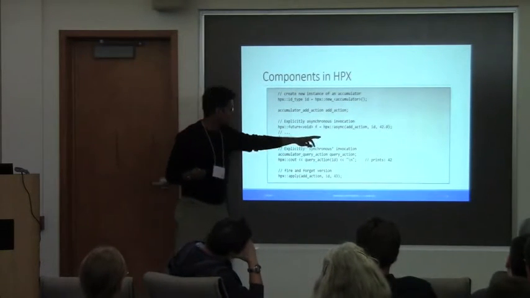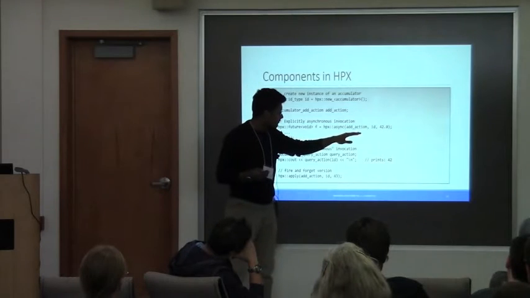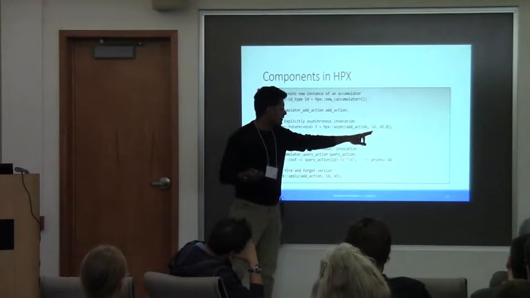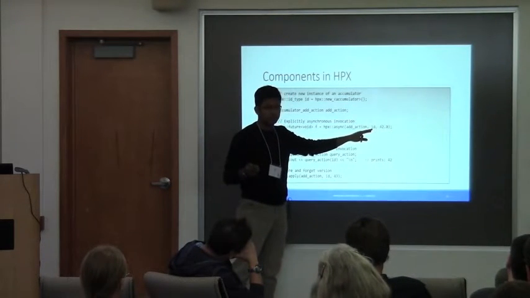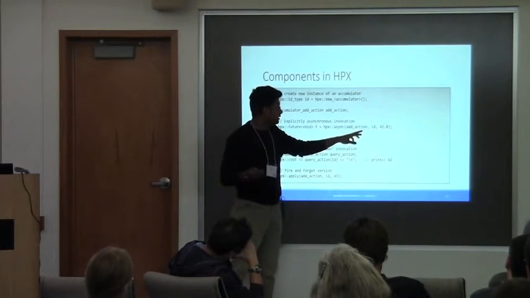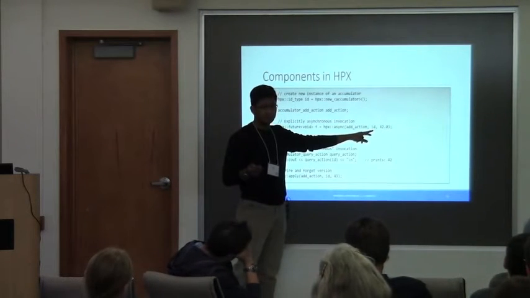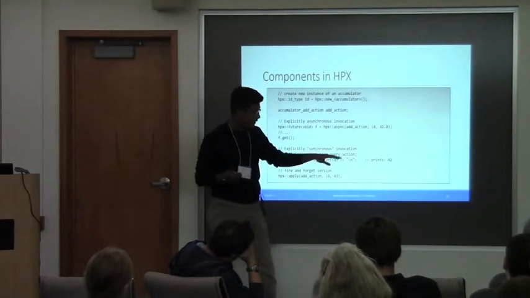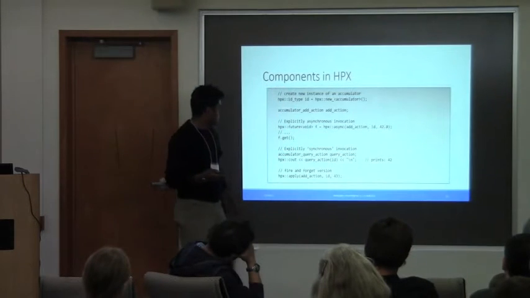I could invoke asynchronously the member action type with the component ID. This is not the locality ID, but the component ID. So that tells me that the action type belongs to that component which is instantiated over here, and I give the value.